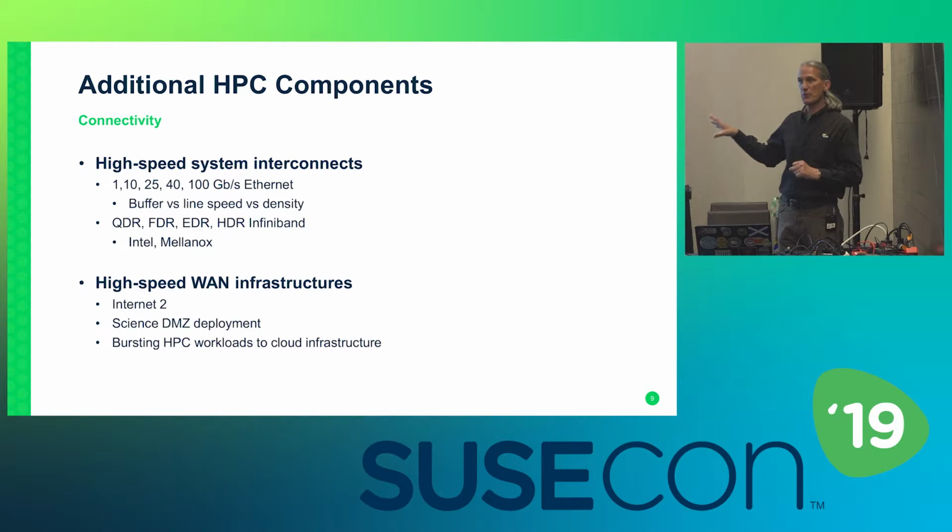So very little buffering. They're not worried about data integrity like your administrative computing switches generally are. They're not going to look at the data as closely. Their job is to get that data from there to over there as close to line speed as possible. So they're going to throw away a lot of the integrity components that you would normally find in switches. So once again, it's a use case sort of choice.